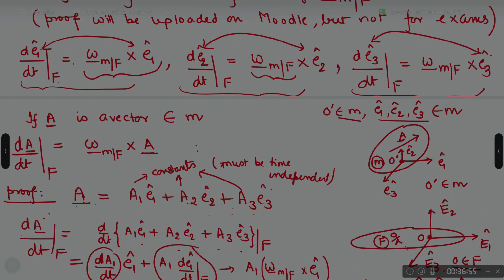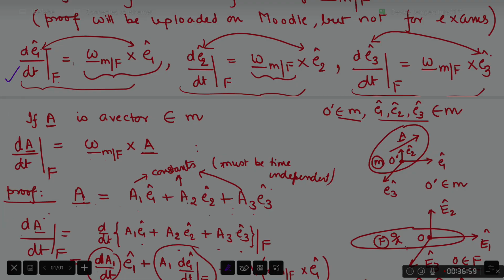Now, if these three relationships are true, we can prove that this relationship will hold good. What is this relationship?